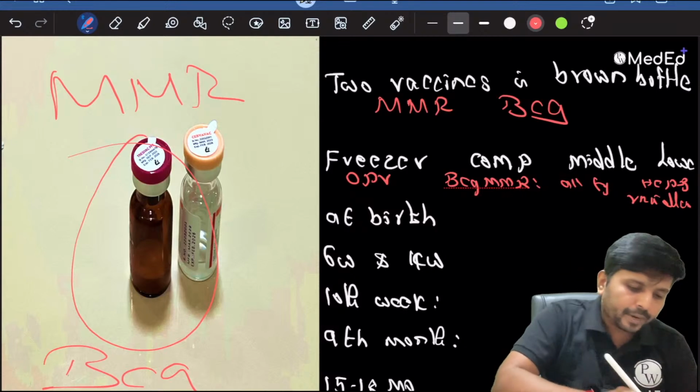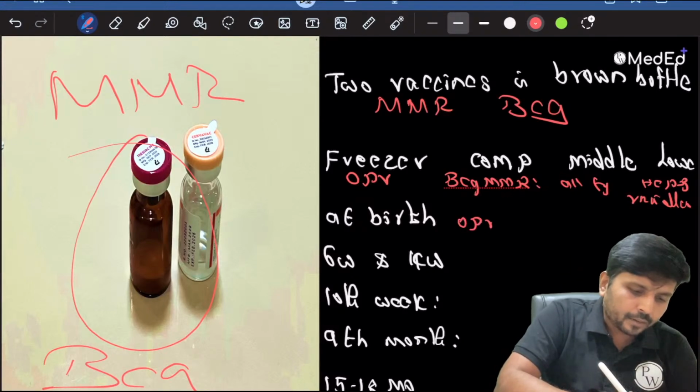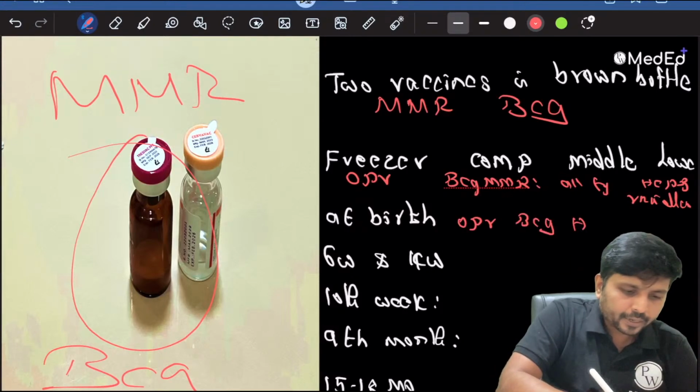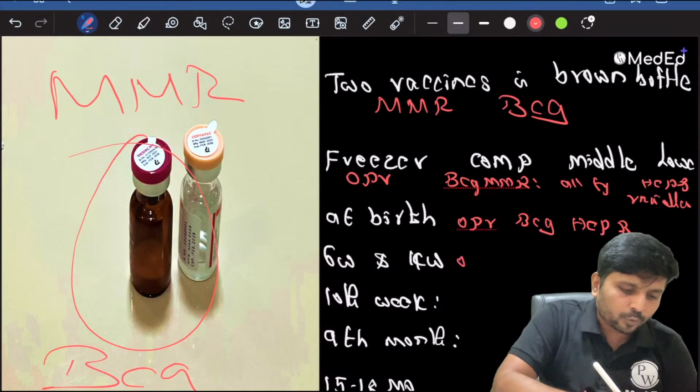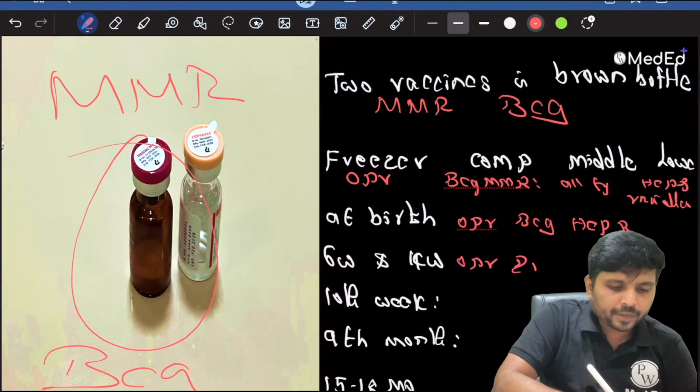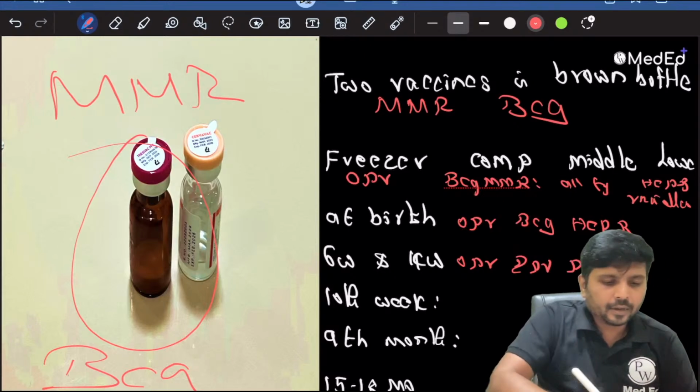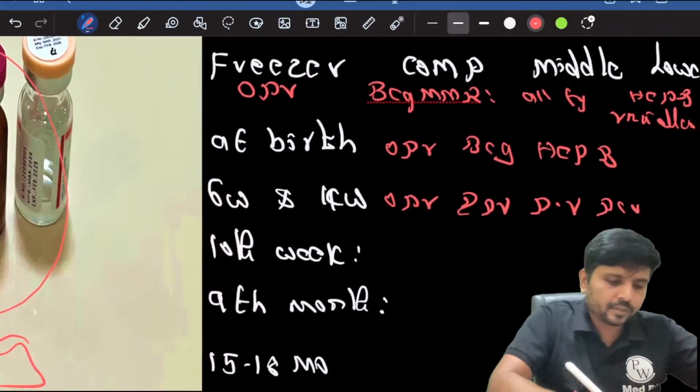At birth, you give OPV, BCG, hepatitis B. At 6 weeks and 14 weeks, same OPV, IPV intradermal, pentavalent, PCV, and then rotavirus.